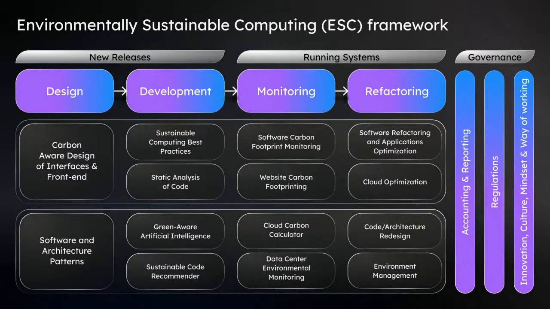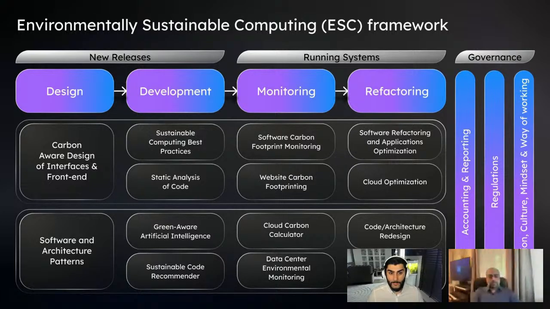So as you all know, there are lots of efforts towards creating green software, right? There are lots of phases for different companies or enterprises in order to be able to create greener and more sustainable software.